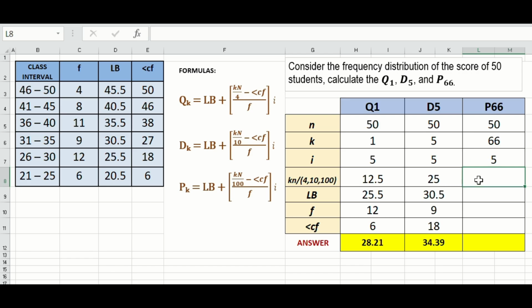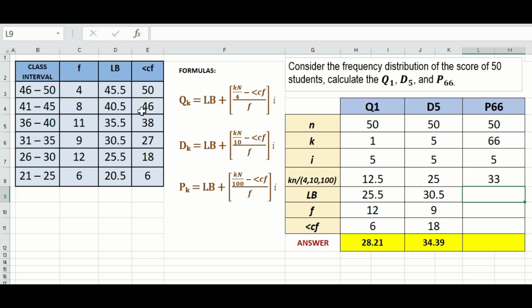So here what we're going to do is, since our k is 66, let's click 66 and multiply by n, which is 50, divided by 100, equals 33.